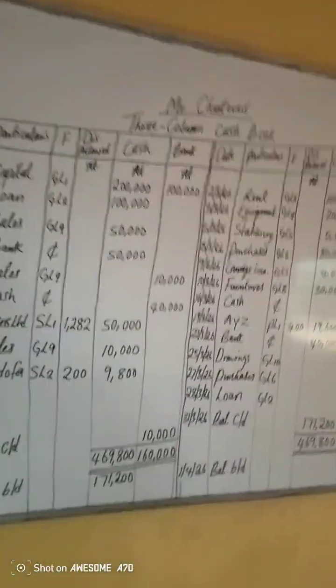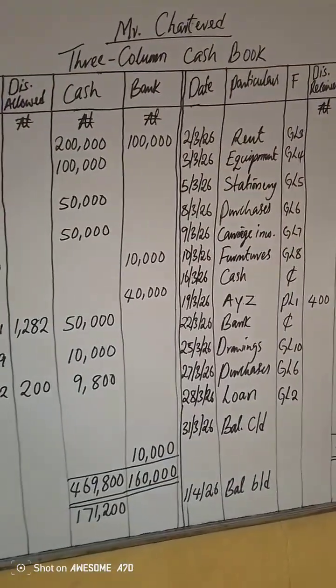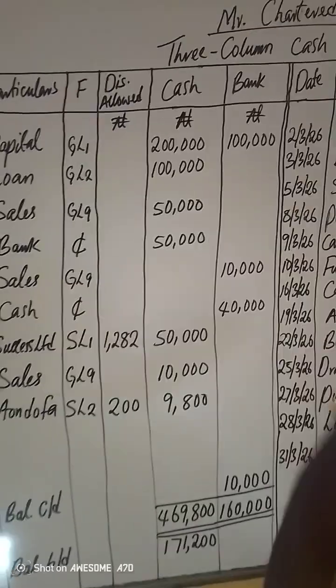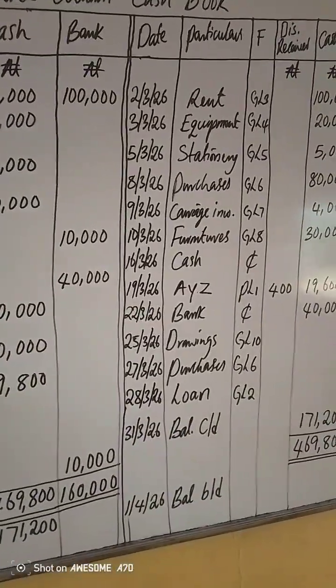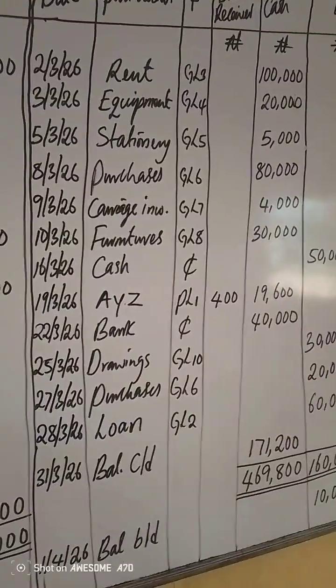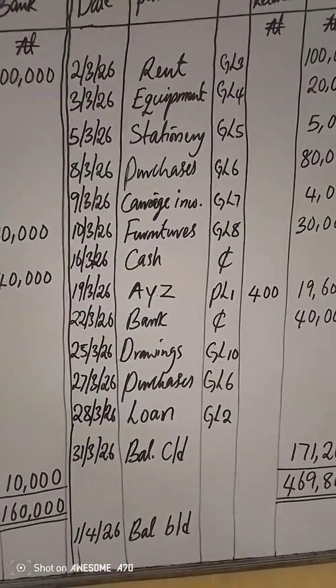Bank cash on the 22nd of March 2026, we now have a contra entry. First, I always say start with the giver account. Start with the giver side, and the giver side here is cash. Cash is given to bank, and it's a contra entry.